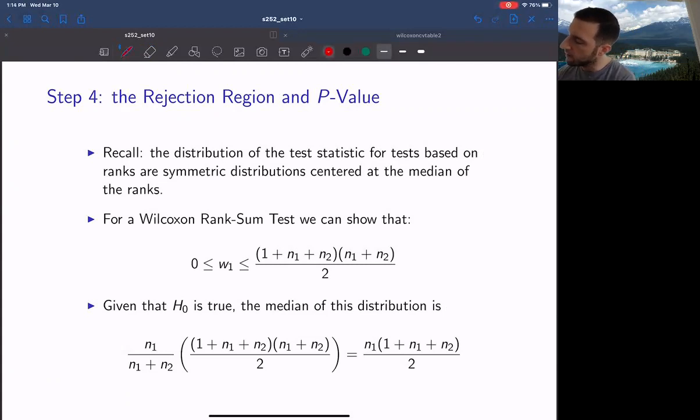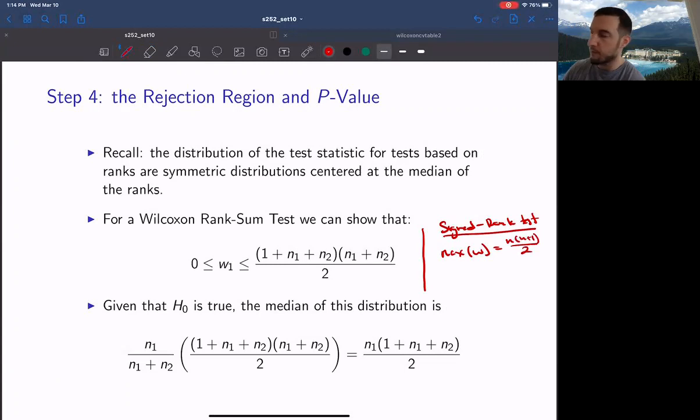So recall, for the signed rank tests, we had the maximum of W equals n times n plus 1 over 2.